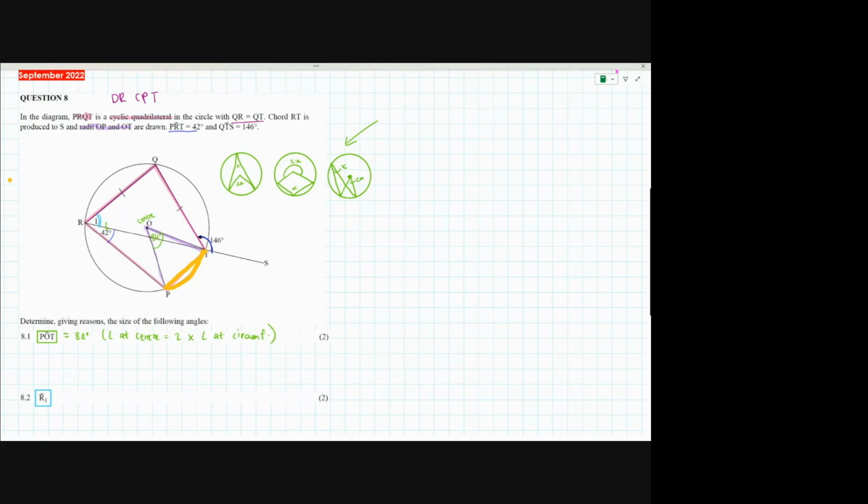From those points on your circumference, P and T, we can follow the radii up to the point where they meet at the center. But from those same 2 points, we can also follow the 2 chords, PR and TR, to an angle at the circumference. And so what we have is an angle created from the same chord or arc to the center, and an angle created at the circumference. And that's how I know that POT is equal to double PRT.